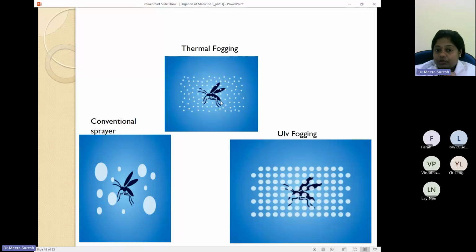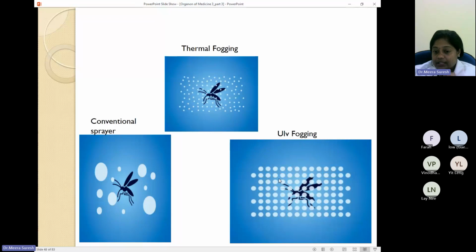And in case of thermal fogging, this is coming in a smaller size, yes, but this is not ideal to be used indoors because it will be leaving a lot of residual gases. So it is not ideal to use indoors. But ULV fogging, we can use it for space spraying and also for the indoor one.